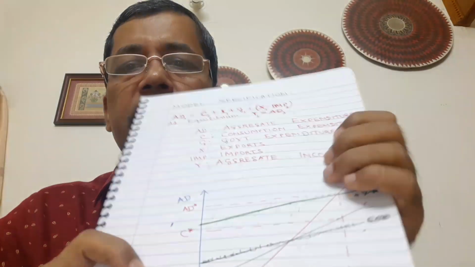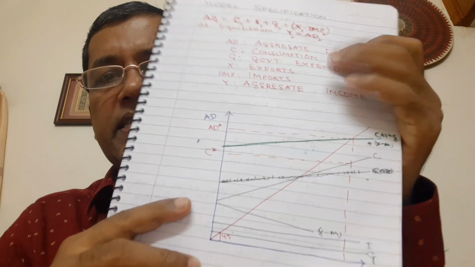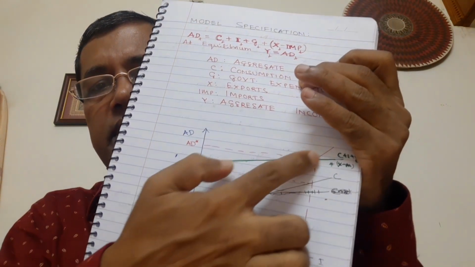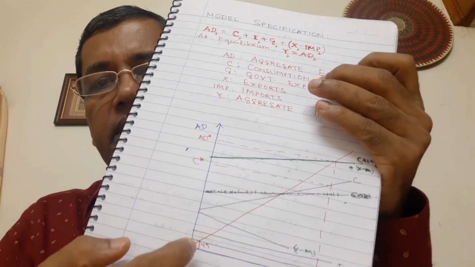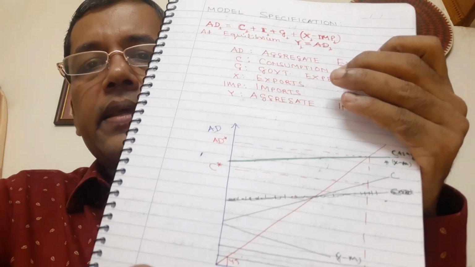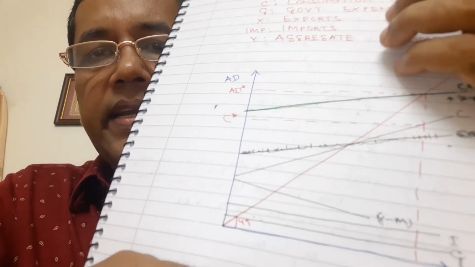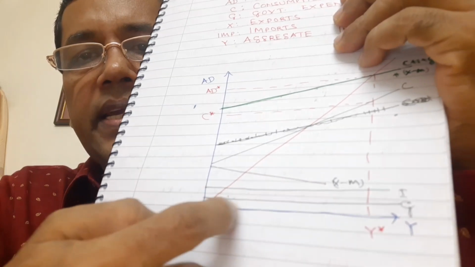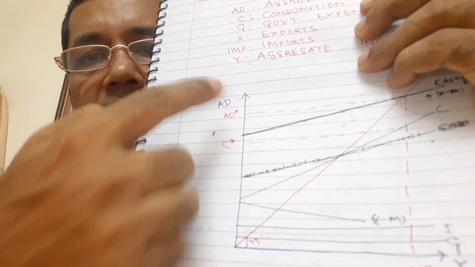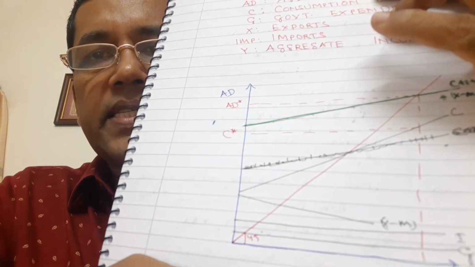Of course, we will be discussing the components and their behavior. The traditional Keynesian cross which we generally discuss: this red line here is the 45-degree line, and all the points on this line stand for equality between aggregate demand and aggregate income. Aggregate income is on the x-axis and aggregate demand is on the y-axis.